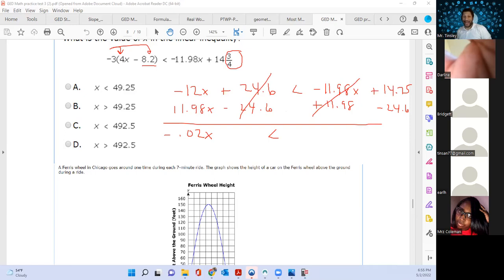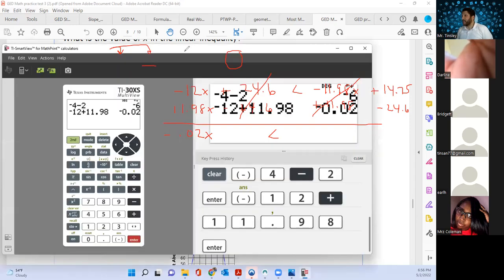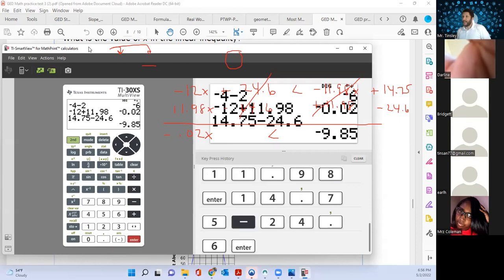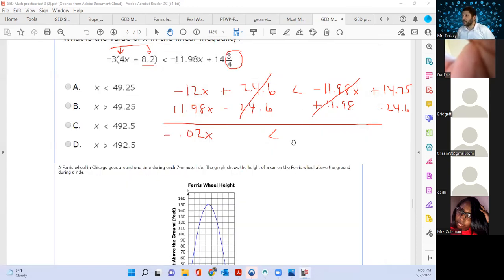Again, I'm gonna grab my calculator so I won't make mistakes. 14.75 minus 24.6 is -9.85. So again, the process is still the same. I need to get x by itself, so I need to divide by a negative 0.02. Whatever I do on one side, I do on the other.